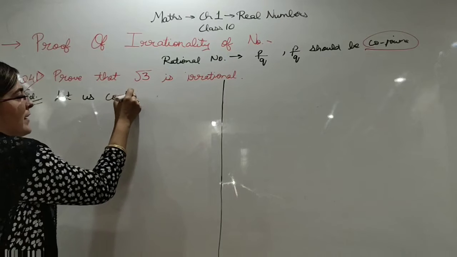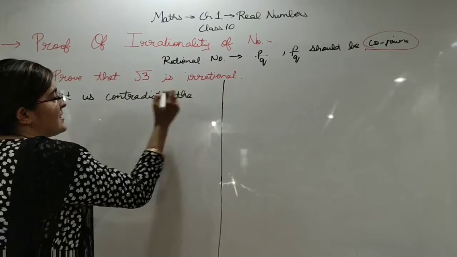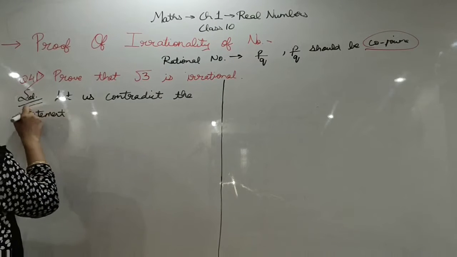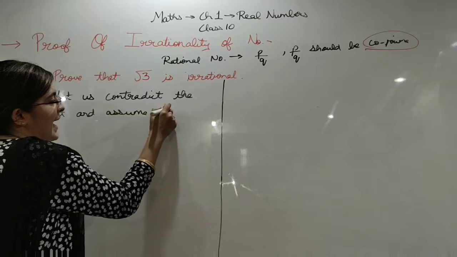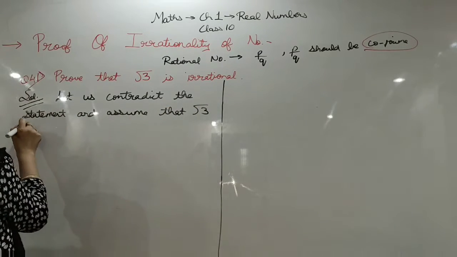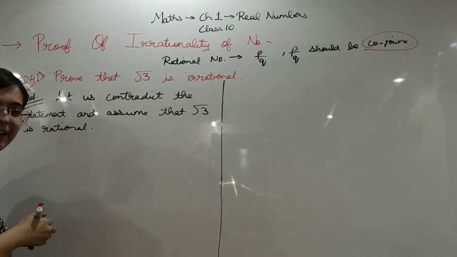Let us contradict the statement and assume that root 3 is rational. Since it is rational, how can we write?